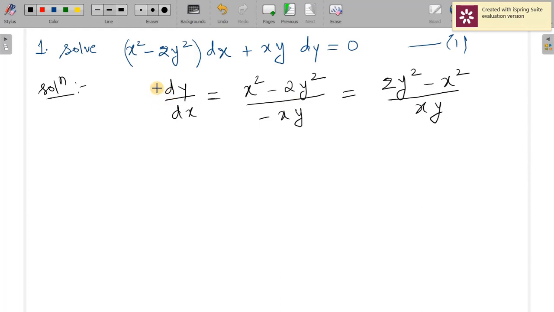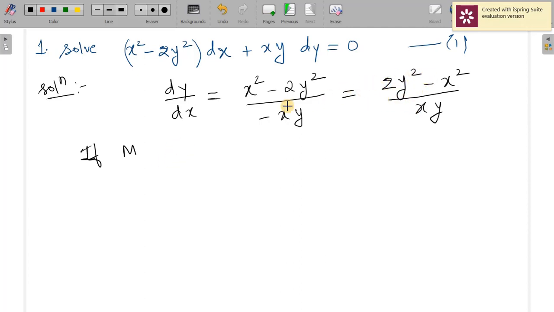Now this is of the form dy by dx is equal to M of x, y by N of x, y, some function of x, y by some function of x, y. We need to check whether the given differential equation is homogeneous. For that, we need to see whether both functions appearing in the numerator and denominator are homogeneous of the same degree.